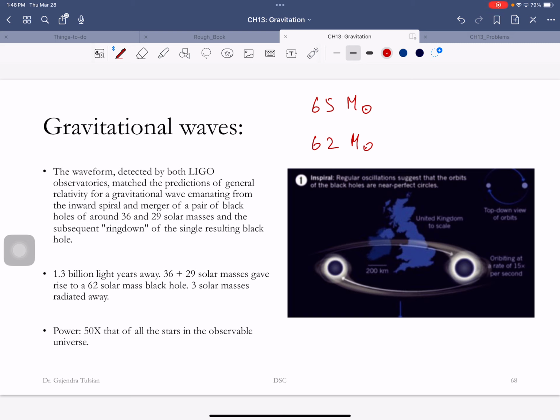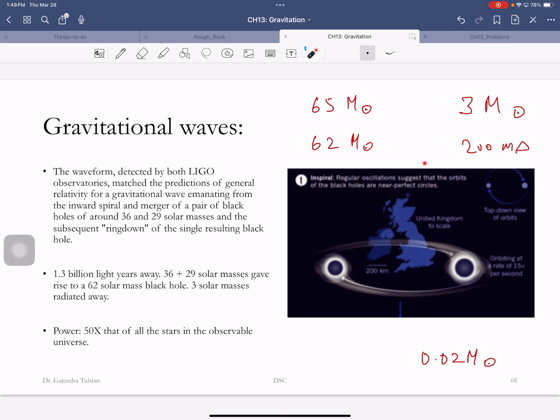They lost 3 solar masses, let's say in 200 milliseconds. Let that sink in. How much mass is the sun losing? This much mass over 10 billion years. In this merger, 3 solar masses were lost in less than a second.